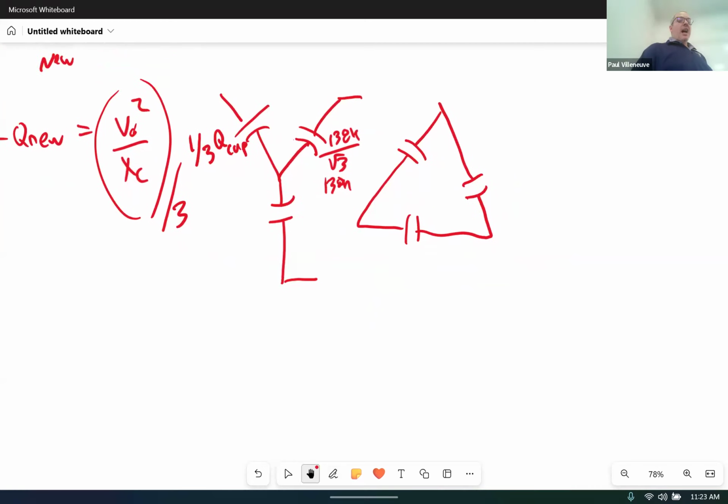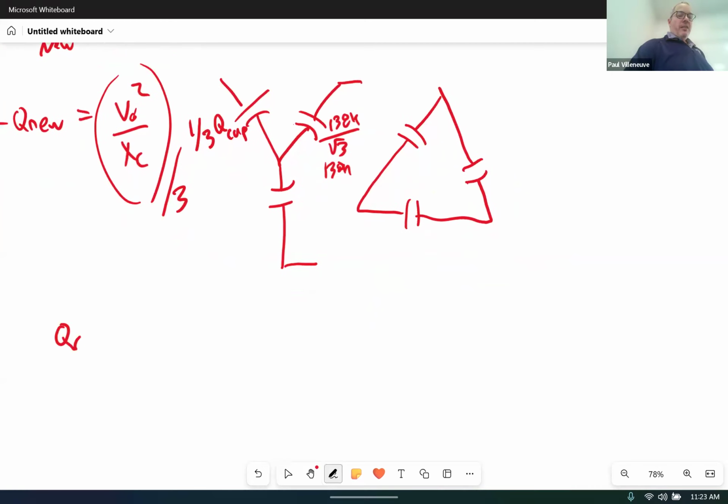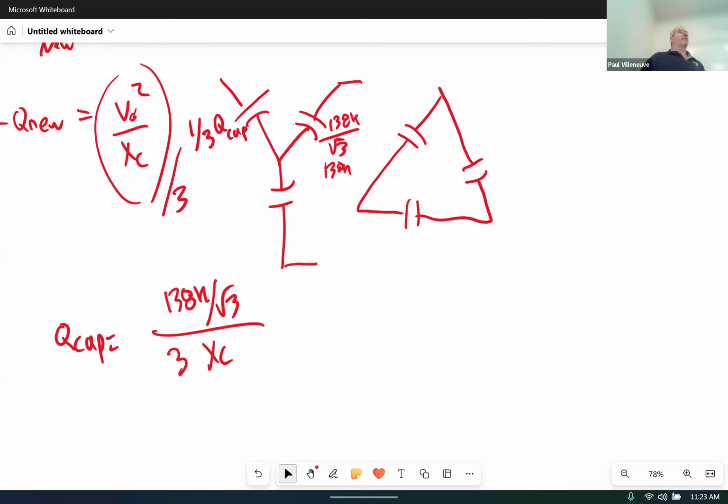So if you used the Y connected one, Q cap was equal to 138K divided by the square root of 3, squared, divided by 3 times X sub C. So that's how you could get the value there. Or if it's delta connected, it's just 138. Oops, I forgot to square it. Sorry about that.